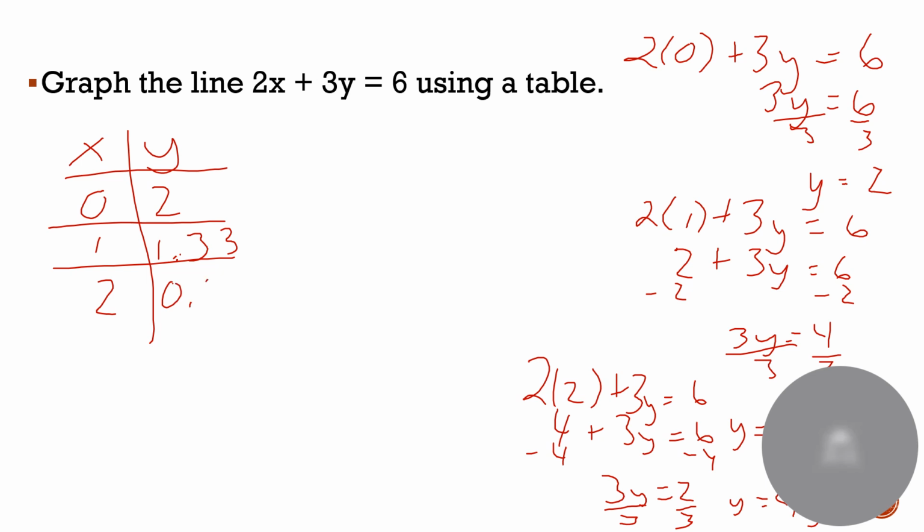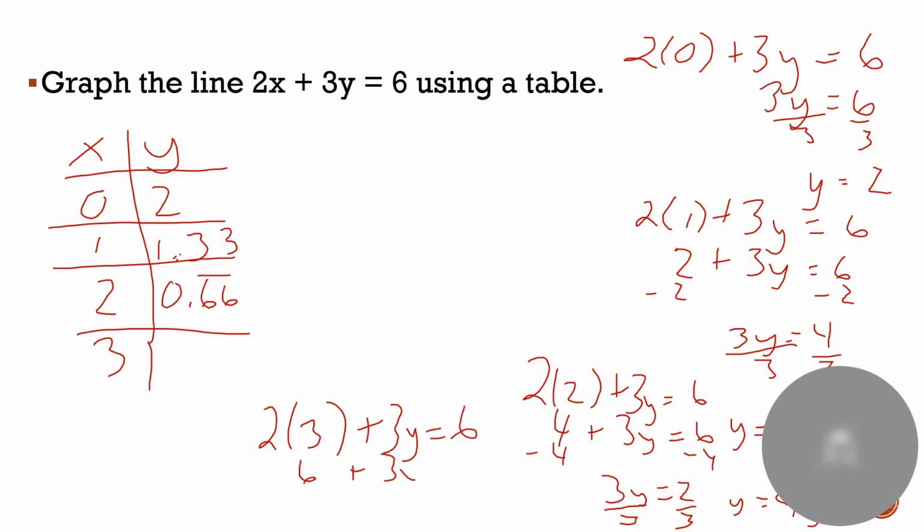That is 0.66666 repeating. And let's do one more point. Let's do X is equal to 3. 2 times 3 plus 3y. Oh, I think I like this one better. So this is 6 plus 3y. When you subtract 6 from both sides, you get 3y is equal to 0, which means that y has to be 0 because 3 times 0 would give you 0.